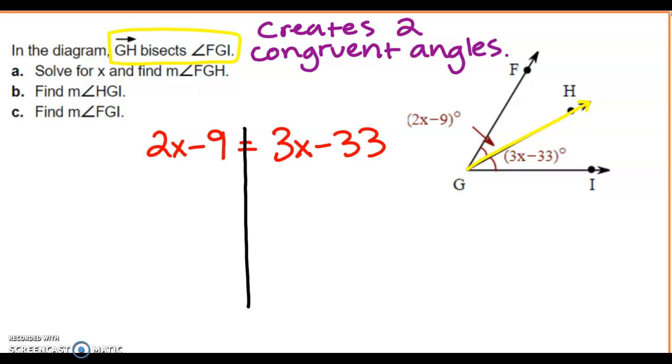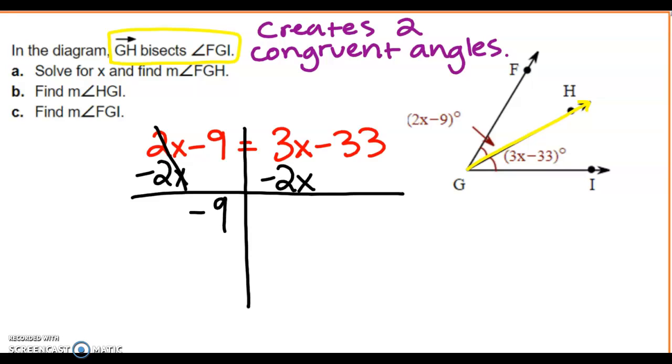Solve for x. When I have x's on both sides, I need to subtract one of them. I'm subtracting 2x on both sides. So 2x minus 2x is 0, leaving us with negative 9 on the left side. 3x minus 2x is 1x. And don't forget to bring down the minus 33.